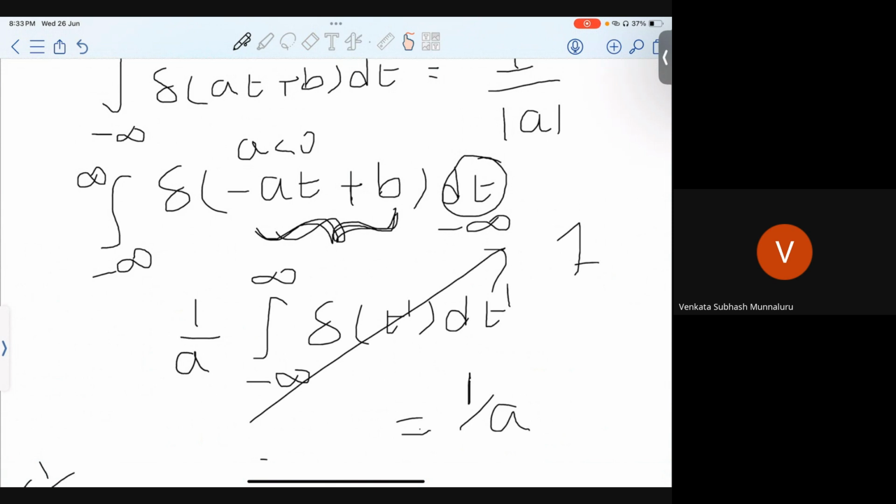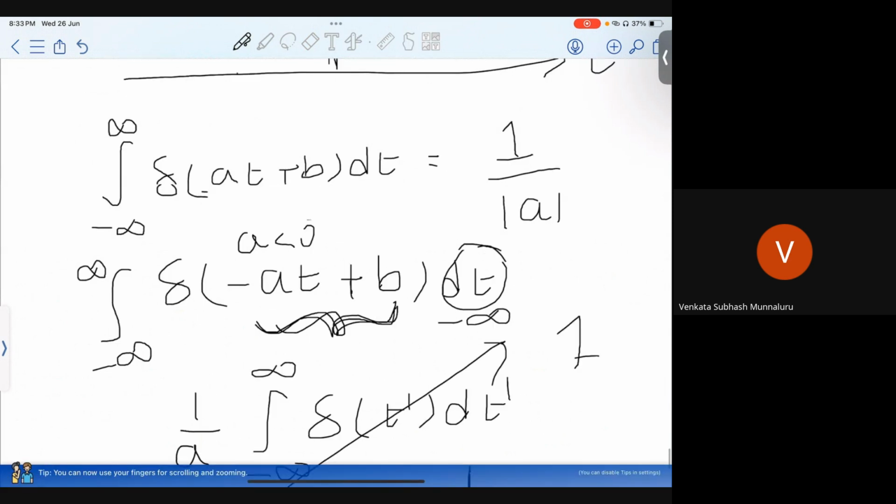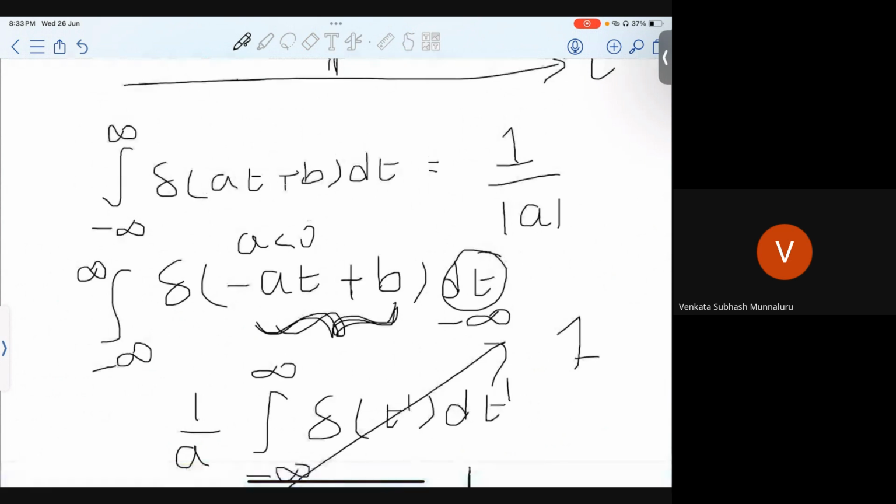Even when a is negative, it is 1 by a, and even when a is positive, it is 1 by a. Hence the integral from minus infinity to infinity of delta of at plus b dt is nothing but 1 by mod a.